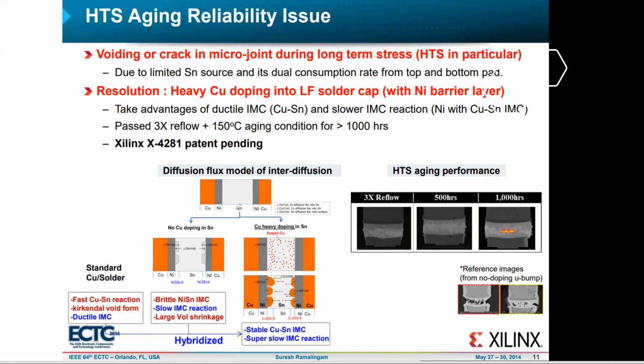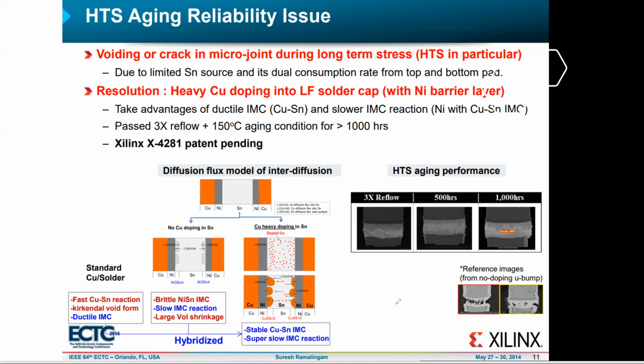So the copper fusion, taking advantage of the IMC, intermetallic compounds, and they have many IP around to solve these high temperature storage reliability issues that are usually observed.